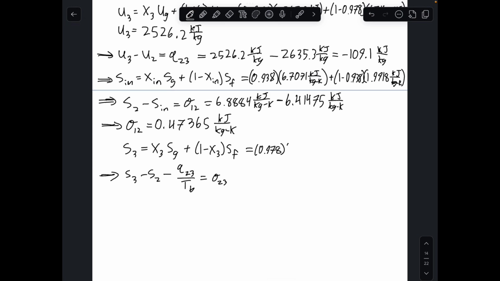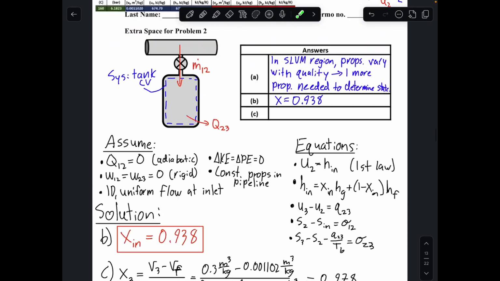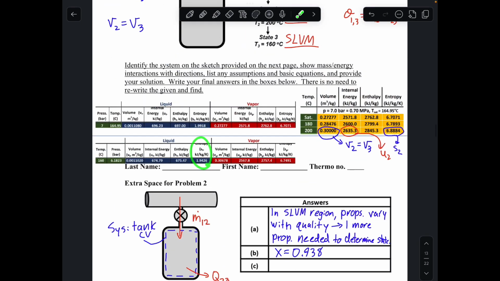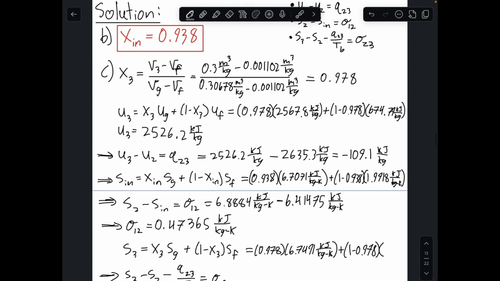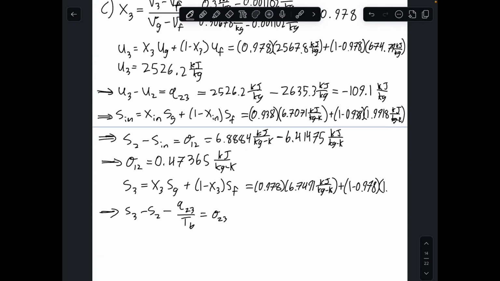So this should be 6.7491 kilojoules per kilogram Kelvin, and then plus 1 minus 0.978 times Sf, which is right here, 1.9426.